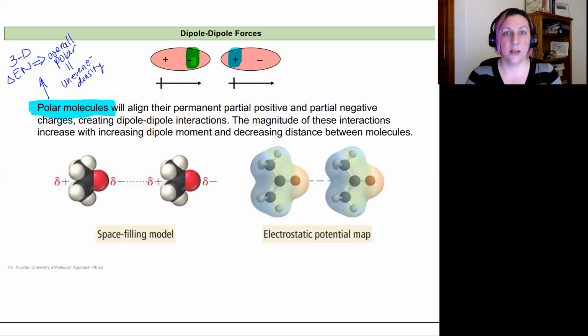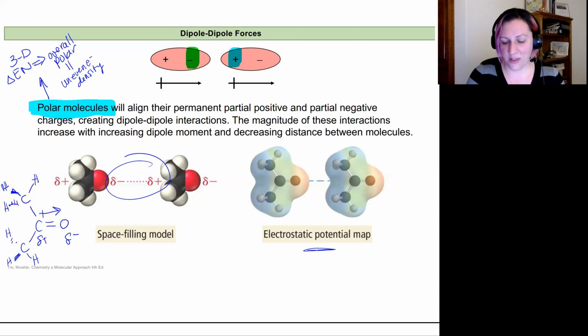And we create this dipole-dipole interaction right here. This is the exact same thing, just showing an electrostatic potential map, which is basically a way of mapping electron density. It's showing in these red areas that you have a partially negative charge versus a partially positive charge. I'm using that delta symbol right here to indicate partial charge.